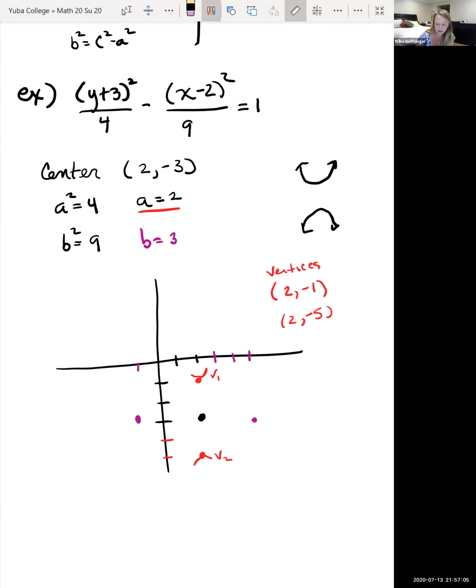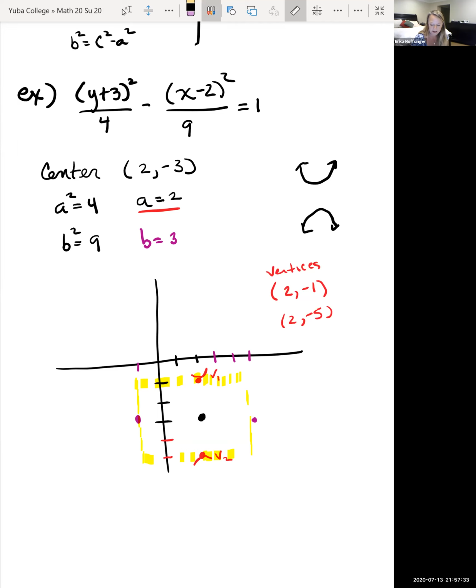Okay, so we want to form a box with this. So going through our vertices and that point, we can form a box.